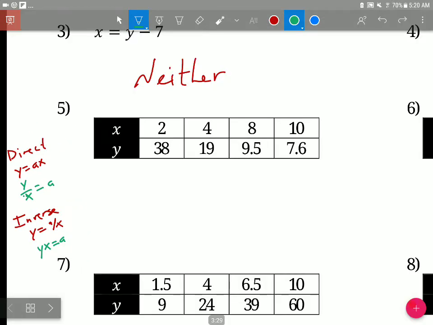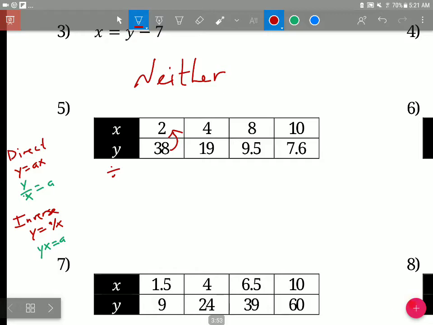Let me go get a calculator. Give me a second. Actually, I want to start with dividing because I want to prove a point here. If I divide, I'll literally take 38 and divide it by 2. Y divided by x.